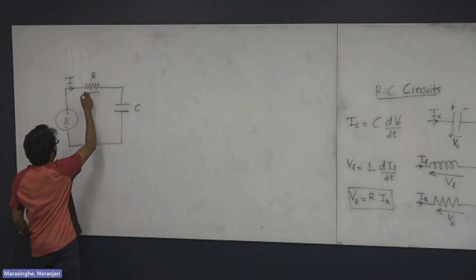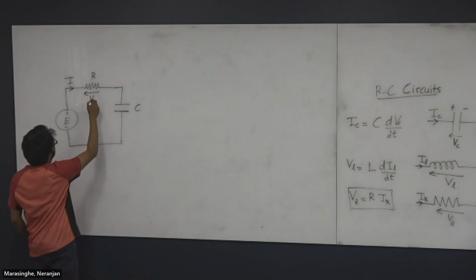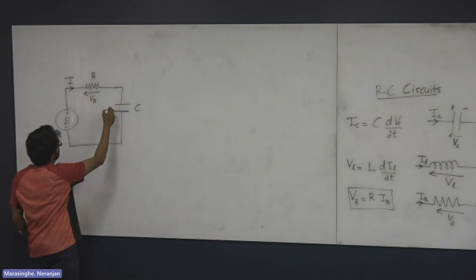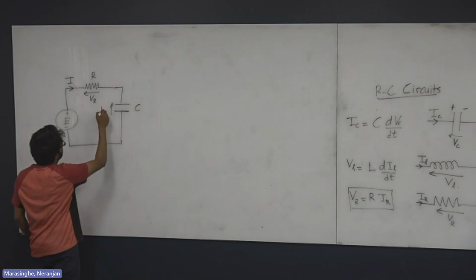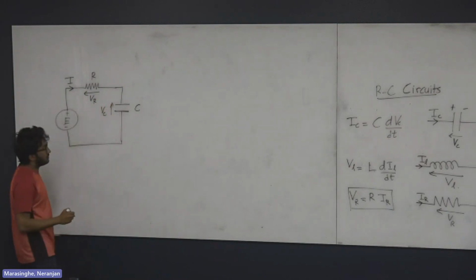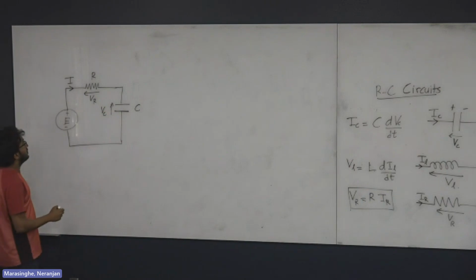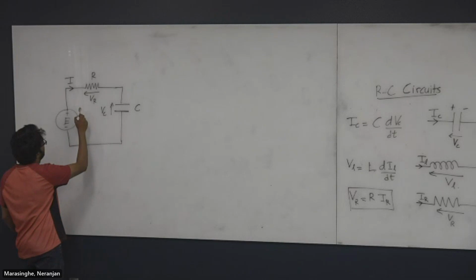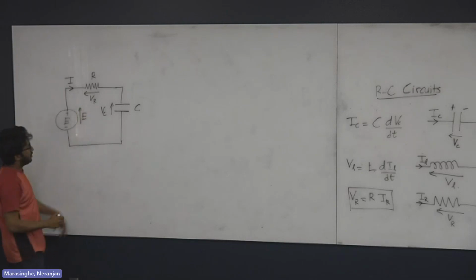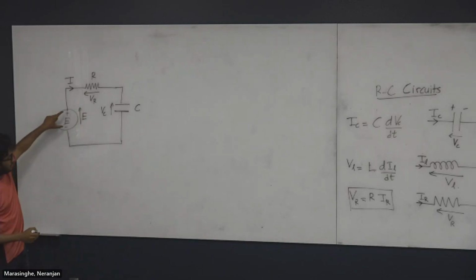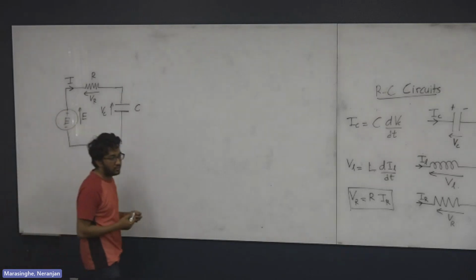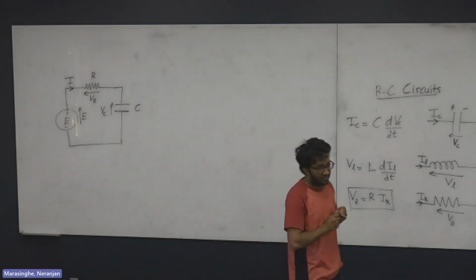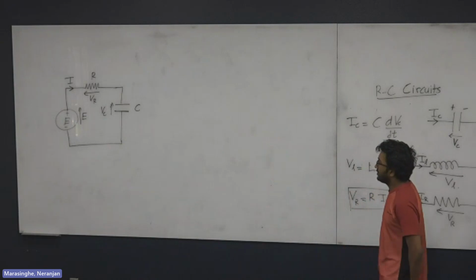So this is the voltage build up through the resistor, the voltage build up through the capacitor, and the voltage build up through this voltage source. The voltage source would supply the power.